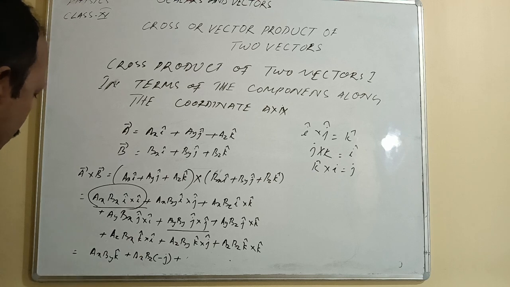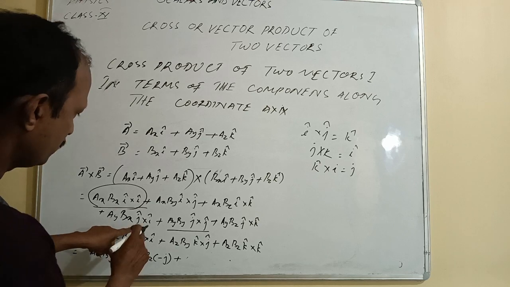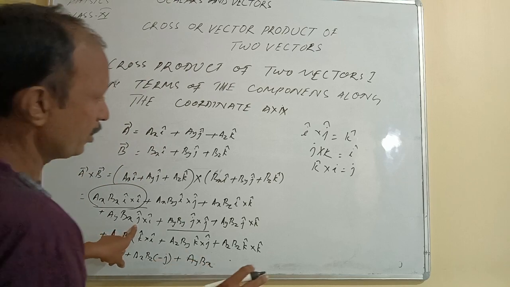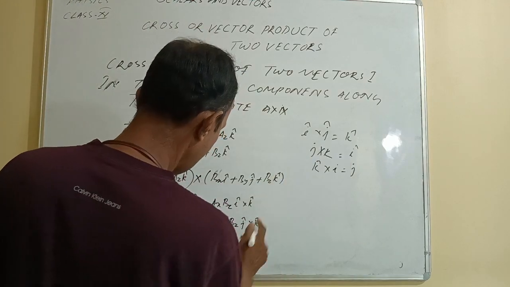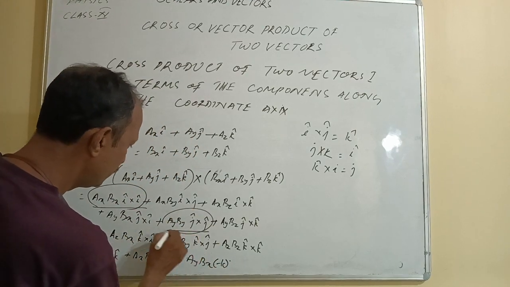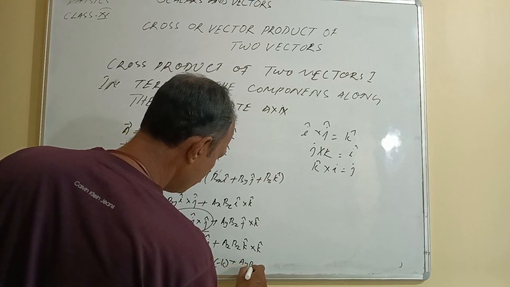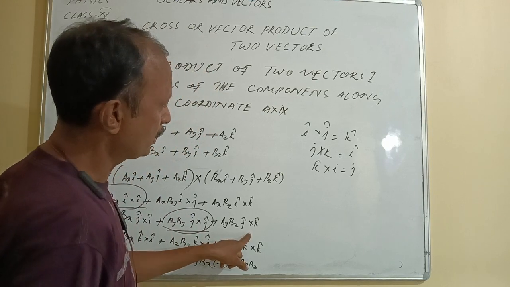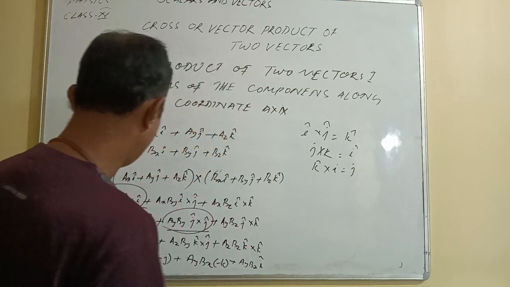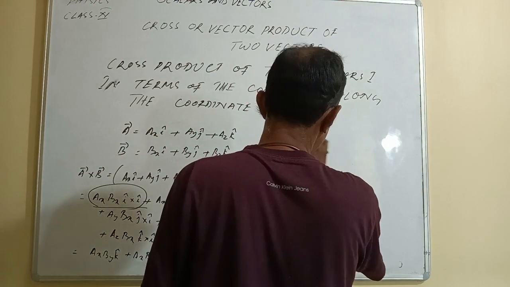Now in this case, AY BX J cross I. I wrote I cross J is K, so definitely this is minus K. Again this one became 0, both are parallel. Next, plus AY BZ J cross K. J cross K is equal to I. So this second line vector is finished. Now we move towards the third line.